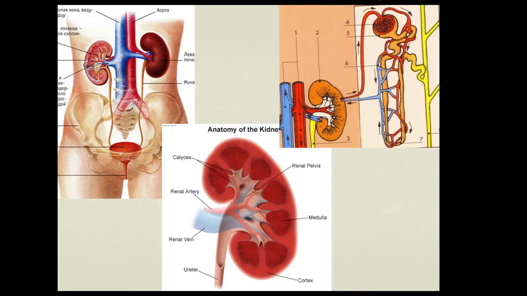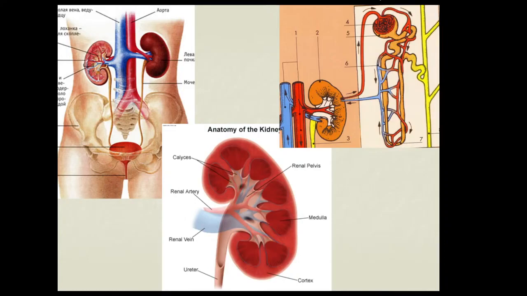The main function of the kidney is filtration of the blood with formation of urine, with which toxic substances are removed from our organism. Through urination, the kidney regulates water-mineral balance in our organism.